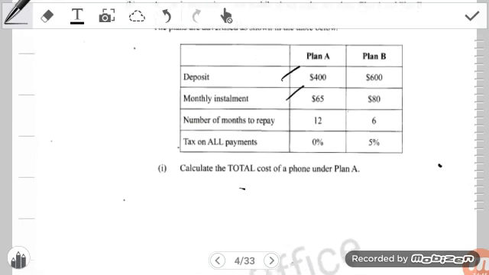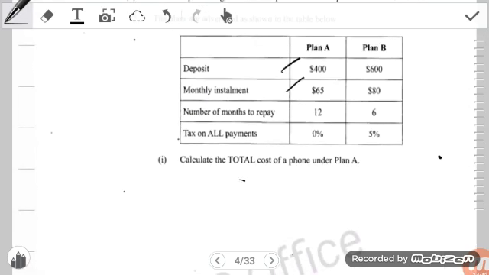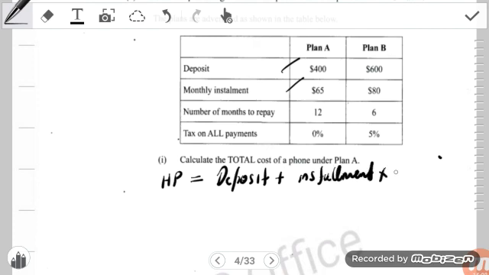All right, so we know that the hire purchase price is going to be, I'm just going to call it HP, just to make it easier for me to remember. It's going to be my deposit plus the installment multiplied by the time that it's going to take me to pay for the phone.